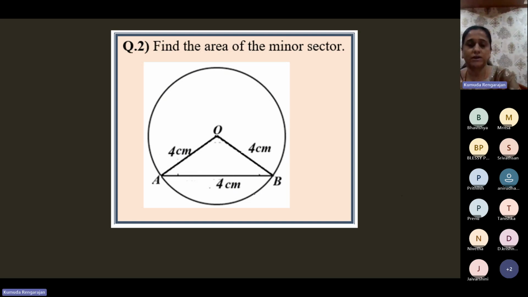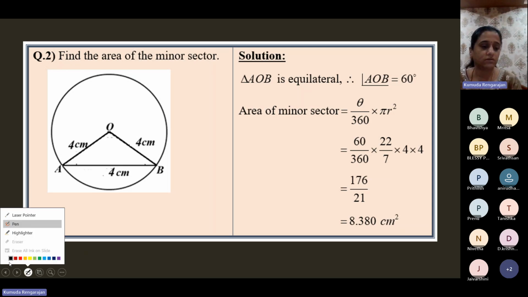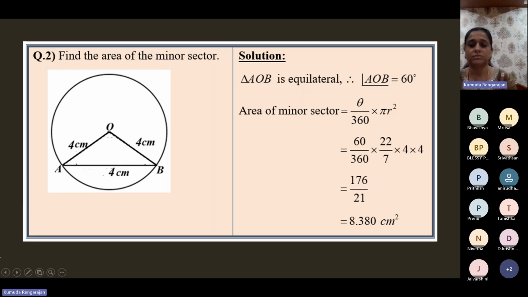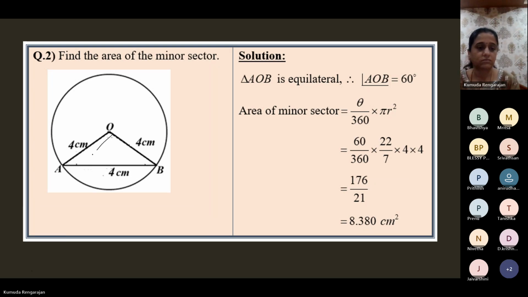Yeah, find the area of the minor sector. This is simple. Yeah, please work this. Minor sector is this full area.